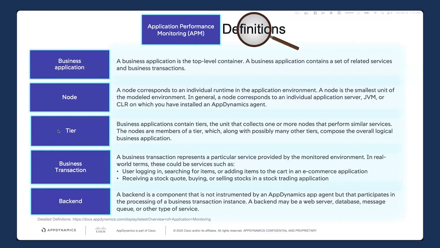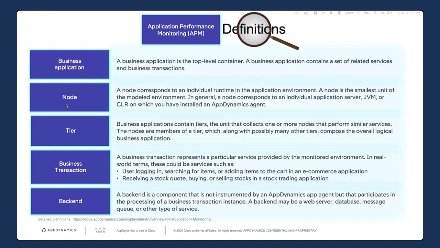And then underneath that tier, you would have 1 or more nodes belonging to each tier. Now, the node is the smallest denominator of that 3-tier data model. For example, it can be a single monitored process, such as a JVM or CLR. And that node can be geographically dispersed.